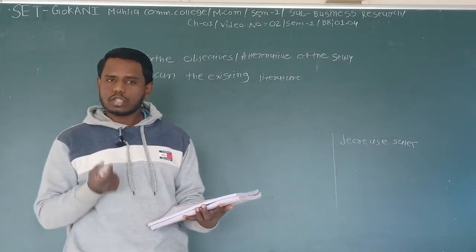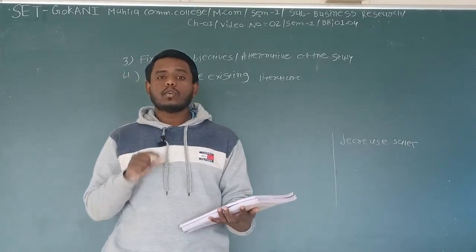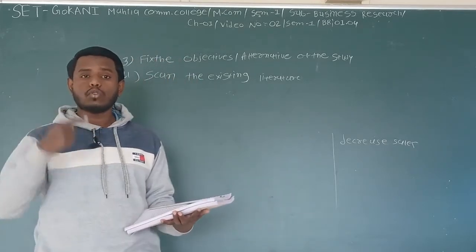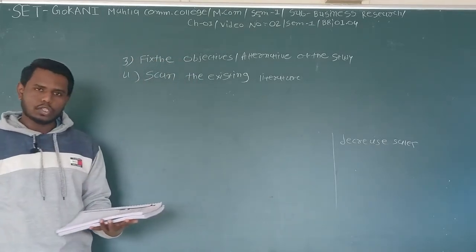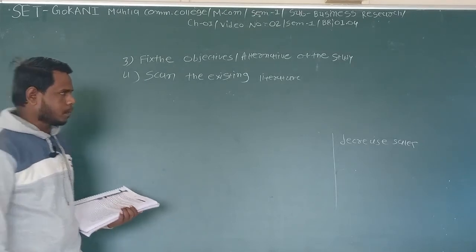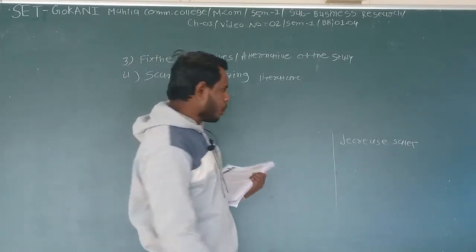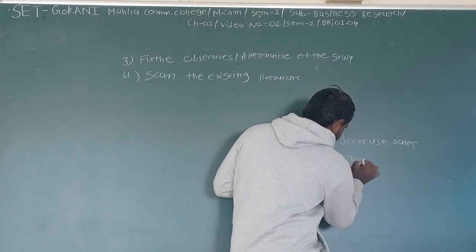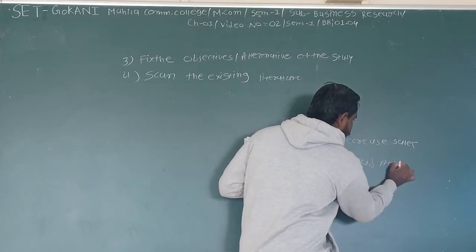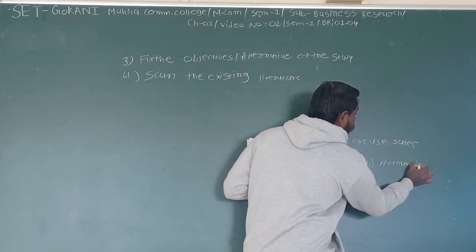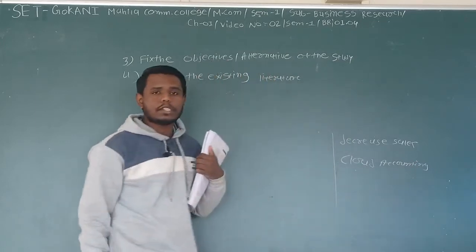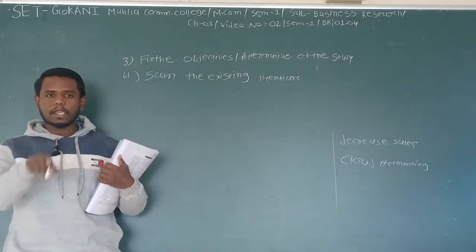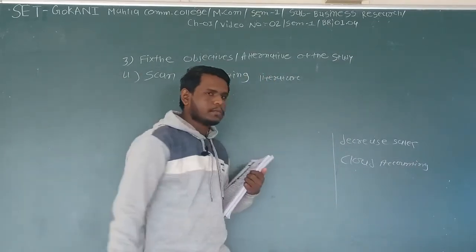A number of sources are available where you can get your data. My PhD topic is cloud accounting. As you all know, I am currently doing a PhD in accounting and my PhD topic is cloud accounting.